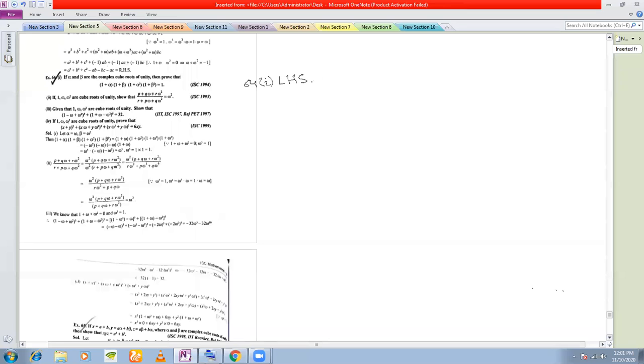Anyway, so let's continue with 64.1. You have, if alpha and beta are the cube roots of unity, prove that. Okay, so left hand side is 1 plus alpha. So remember that alpha and beta are the cube roots of unity.